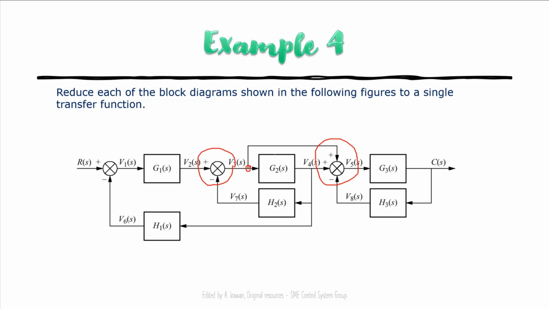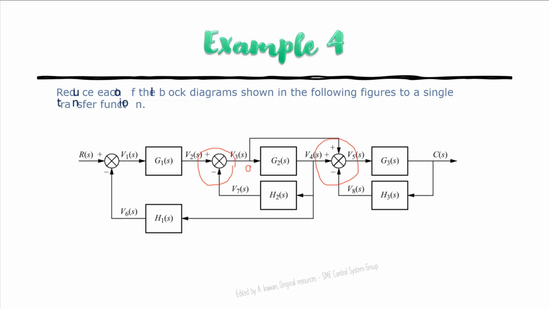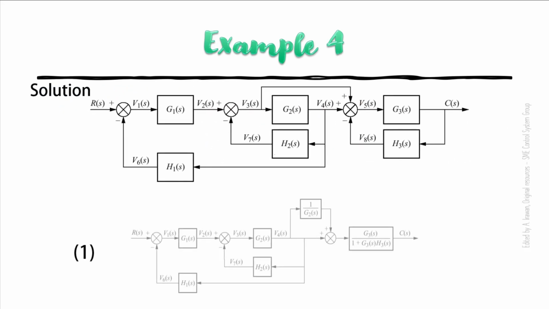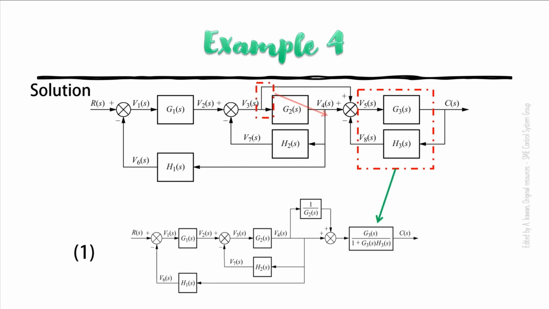Okay, so how are we going to do it? First step, find the simpler form first. For this case we have a closed loop as the simplest form for this front part.